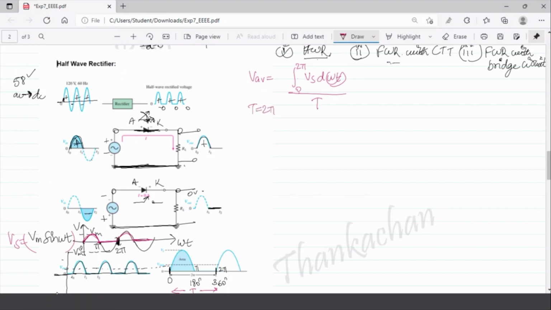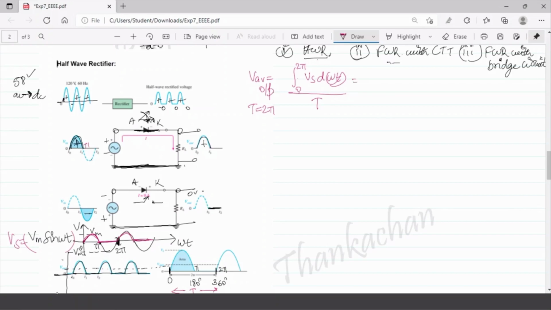Now what is this waveform Vs? This waveform Vs is an output voltage. This is for output, average of output voltage. For output, you can see from only 0 to pi that waveform is equal to your supply voltage. In the remaining time it is 0, that is pi to 2 pi it is 0.